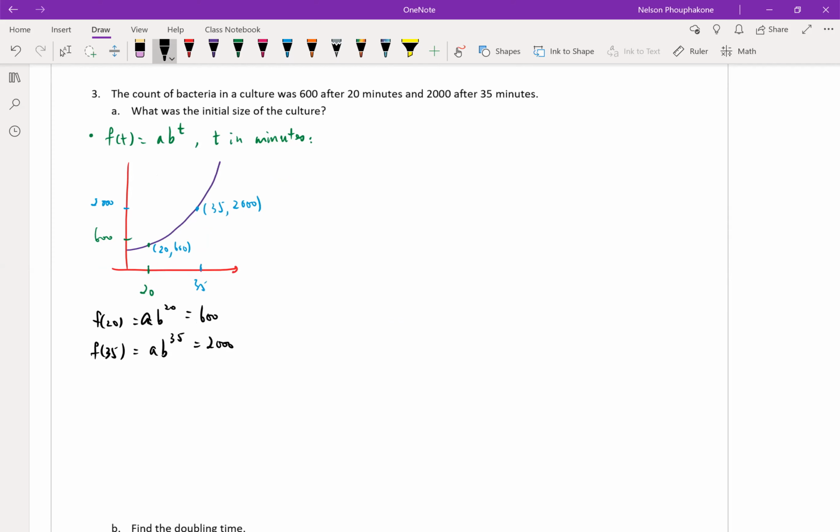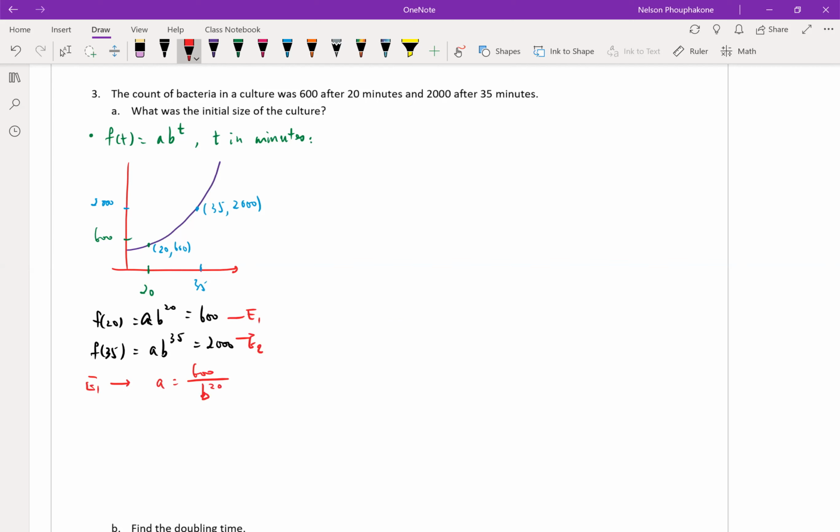Okay. Now remember, for this type of problem, what we want to do is solve for a, then use substitution to find b, and then after we find b, we find a, right? I call this E1, this is E2. So from E1, we know that a is equal to 600 over b to the power of 20.